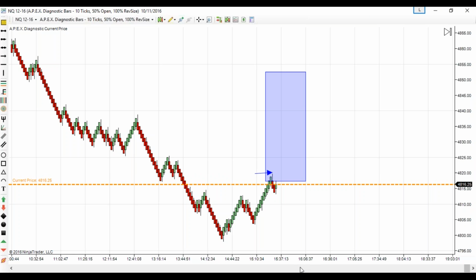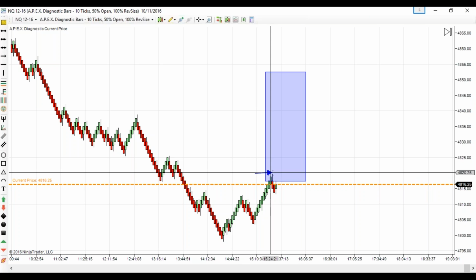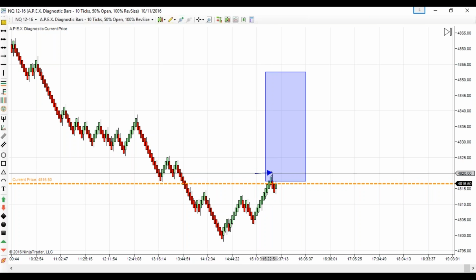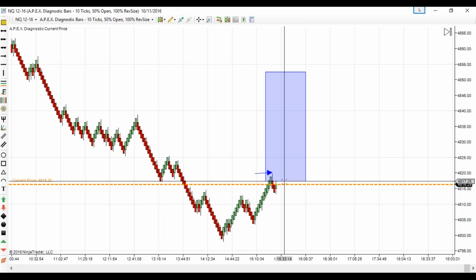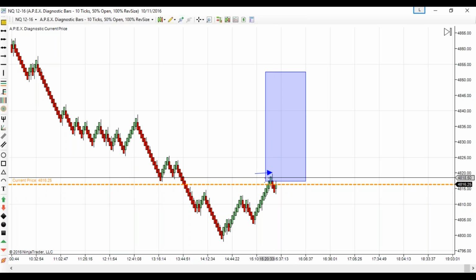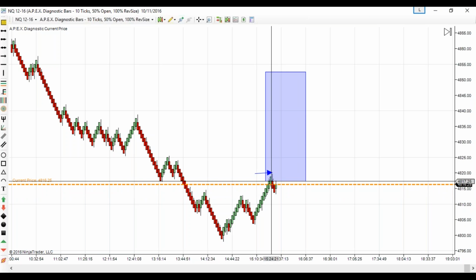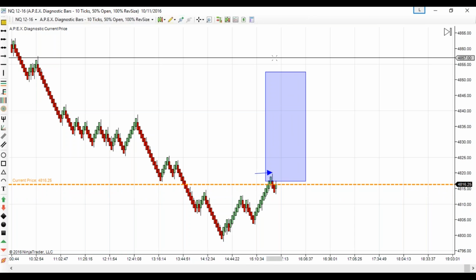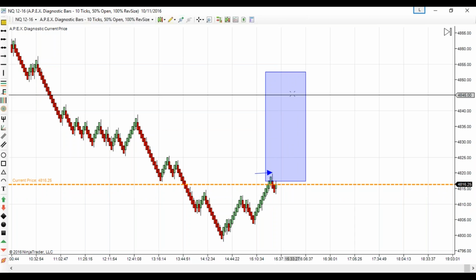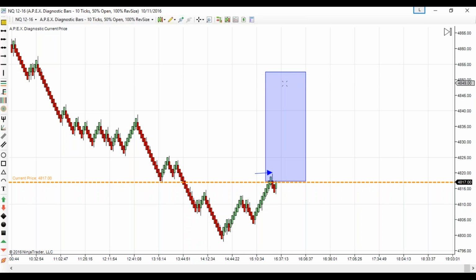Well, the reason is you probably did not pay attention to the price of where you got into the spread. When you get into a spread that's close to a floor, like when you're buying, or where the market's close to the ceiling when you're selling, you're normally going to have a little premium in there.